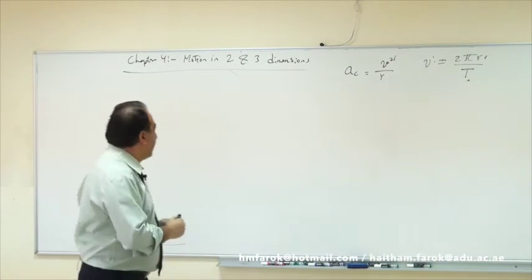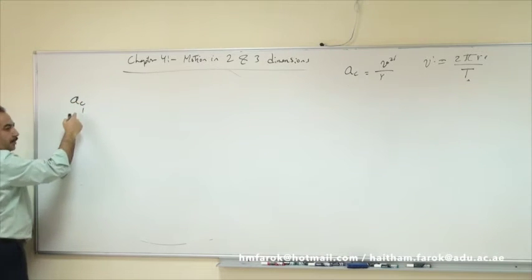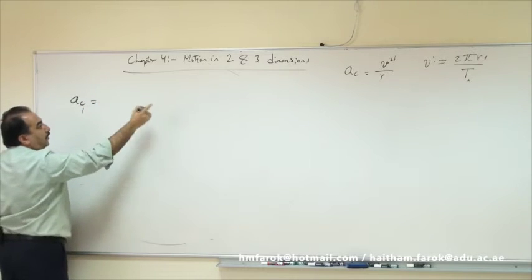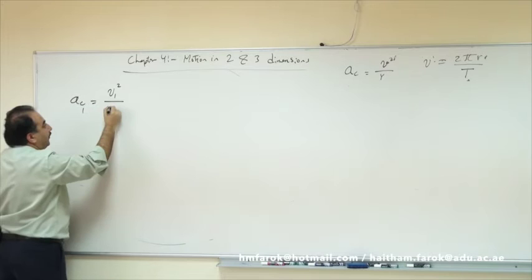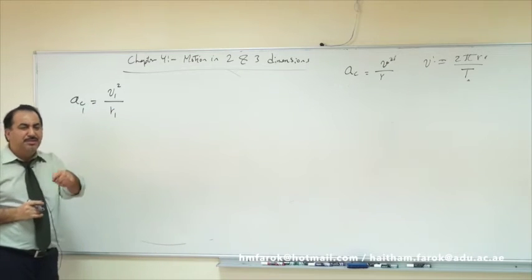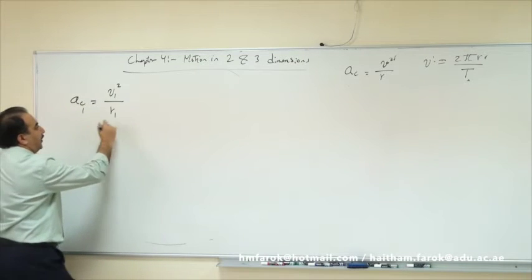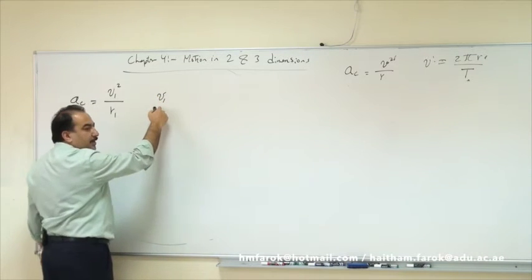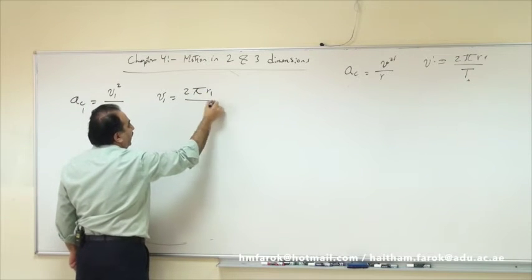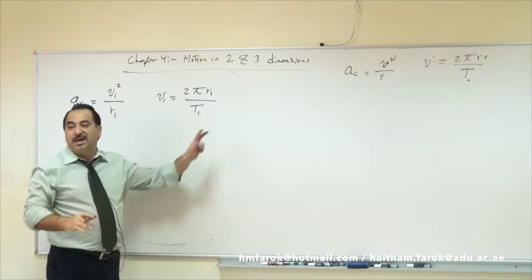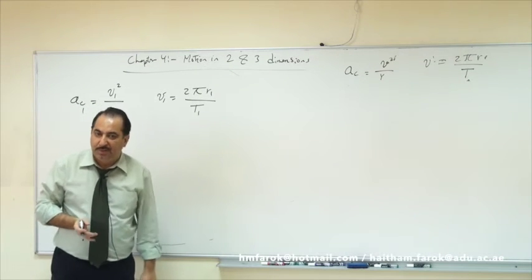So now, I say before: AC before, number 1, equals velocity before squared over radius before, R1. He used capital R, but I use small r. What else do I have? Velocity before equals 2 pi radius before over the period before, which means the original period, before you do any changes.